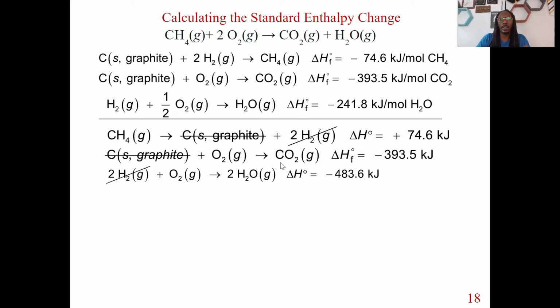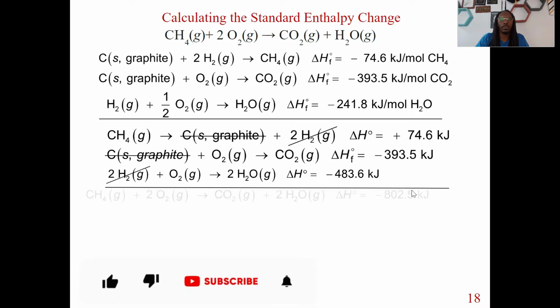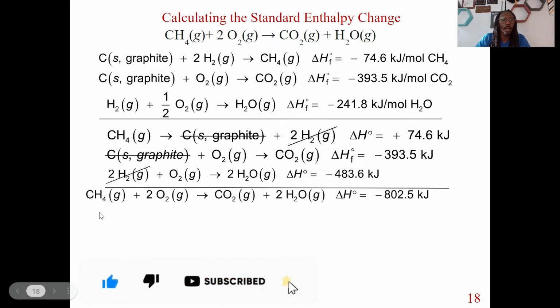CO2 needs to be a product, and it is a product in my second reaction. Cool. And let's look at my waters. In this case, I got my water, and they are as well going to be in my products. So if I add up everything that I see here, we're going to get our final reaction plus our enthalpies.